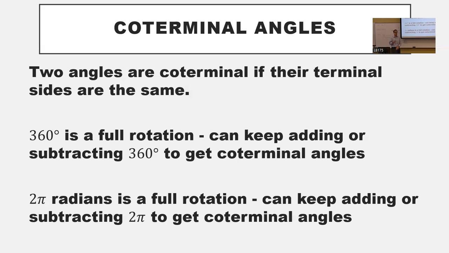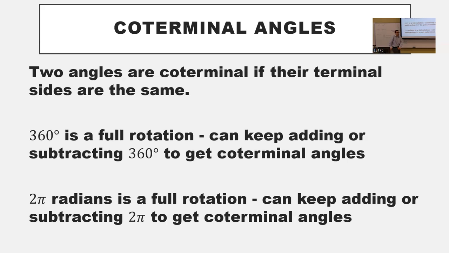This happens if we do more than a 360 degree rotation. So anytime we add 360 degrees, we've created a coterminal angle. So 90 degrees is coterminal with 450. If I add another 360, that becomes 810. So 810 would also be coterminal with 90 degrees and with 450 degrees.